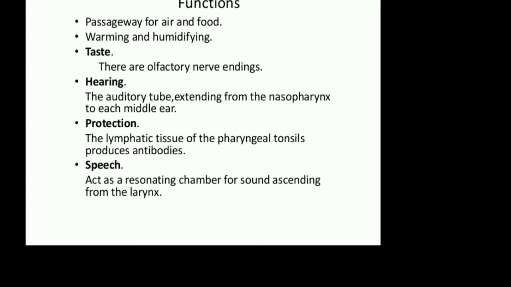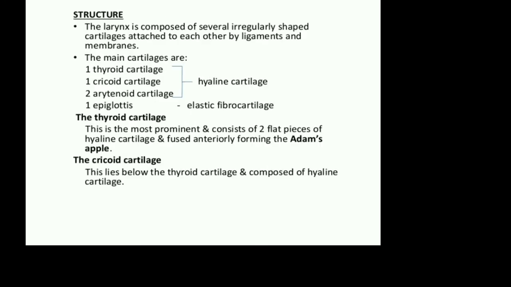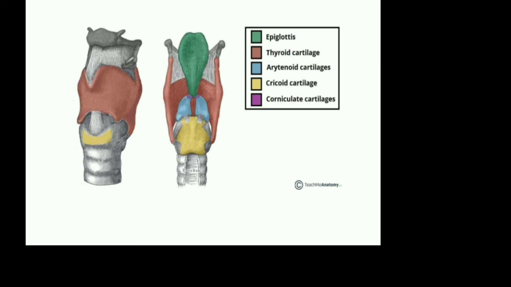Let's see the structure. So, the larynx is composed of several irregularly shaped cartilages attached to each other by ligaments and membranes.